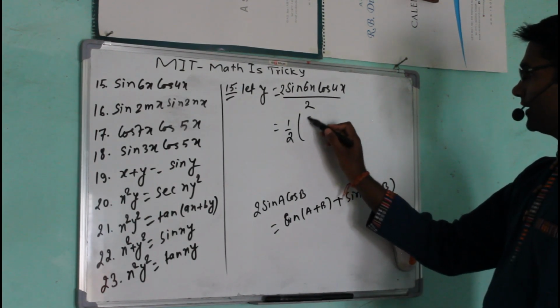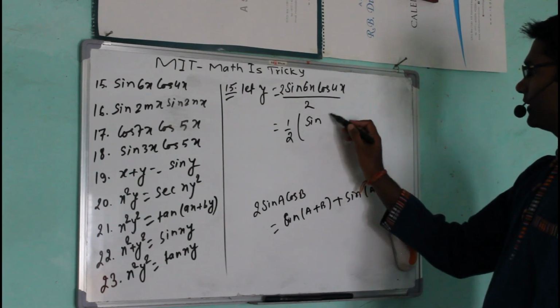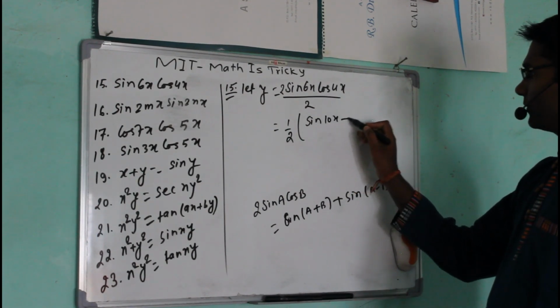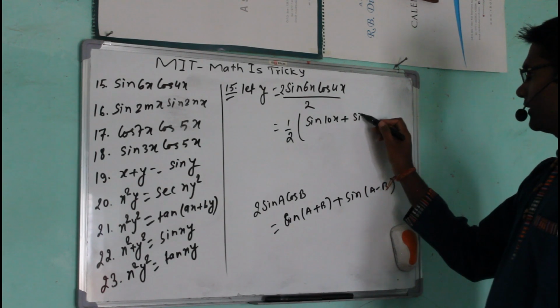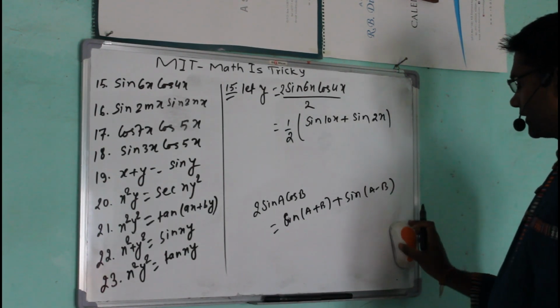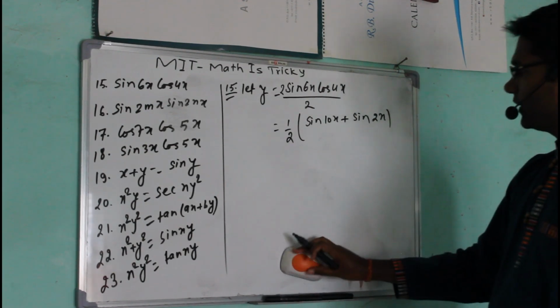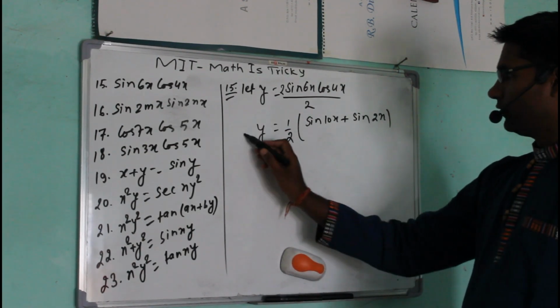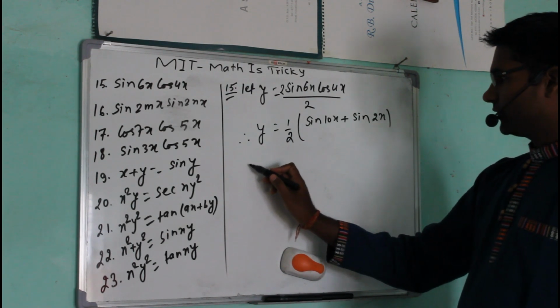So it will be sine of 6 plus 4, which is 10x, plus sine of A minus B, which is 2x. Now we simply use the formula, and we have the value of y.